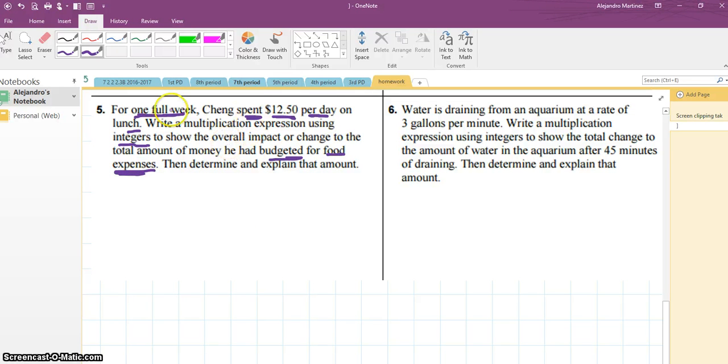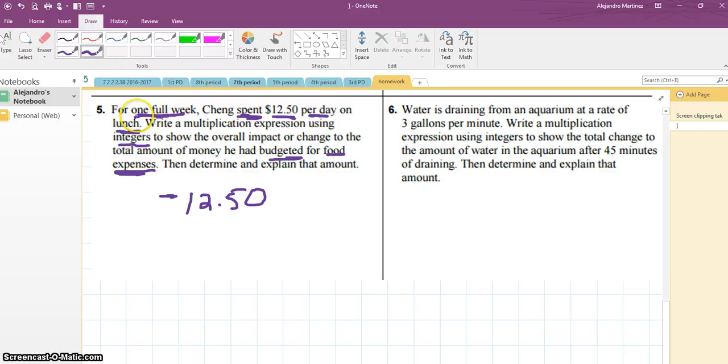So, 1 full week, Chang spent $12.50 per day. So, él se gastó por día. Y cuando gastas dinero, it's a negative. Okay. So, spent, negative. Por día. On lunch, okay? So, expression using integers to show the overall impact of change to the total amount of money he had budgeted.